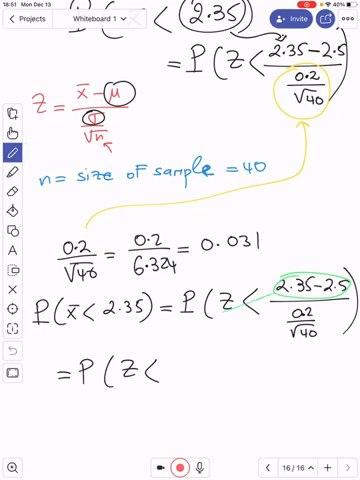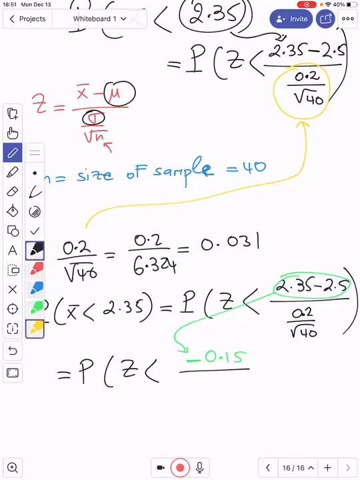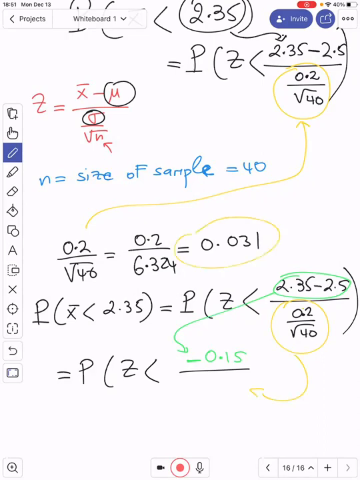So we have negative 0.15 divided by the 0.2 over square root of 40 that we computed, which is this number right here, 0.031.